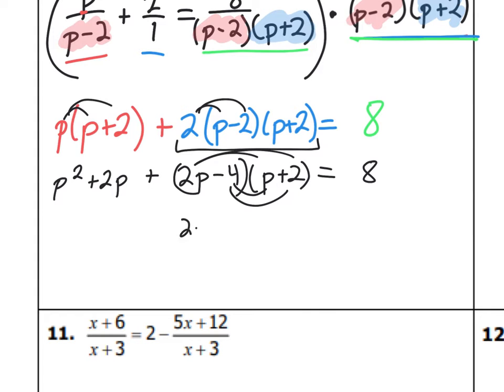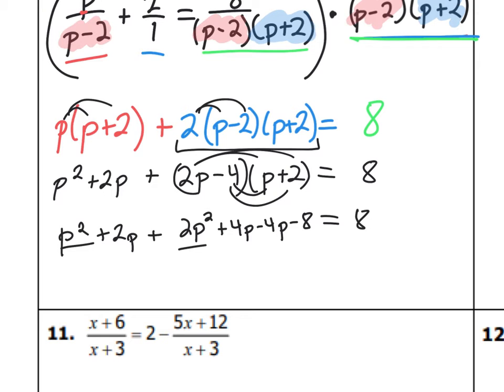2p times p. 2p squared. 2p times 2 plus 4p. Negative 4 times p. Negative 4 times 2. And bring down this p squared plus 2p. Okay, we're almost done. Combine like terms.